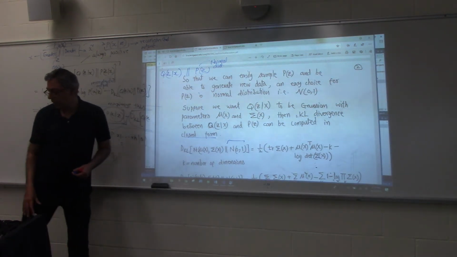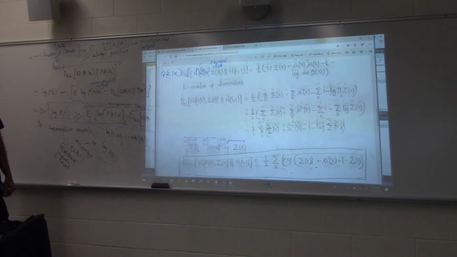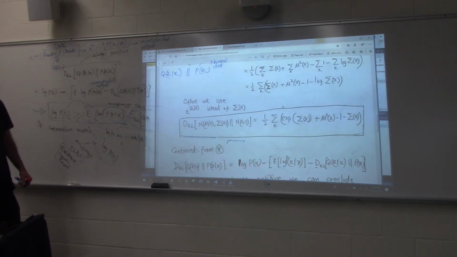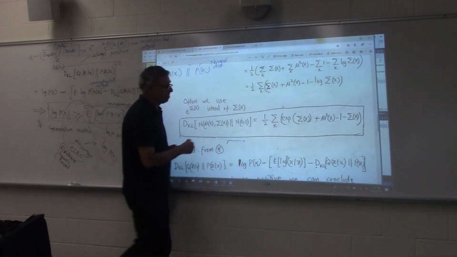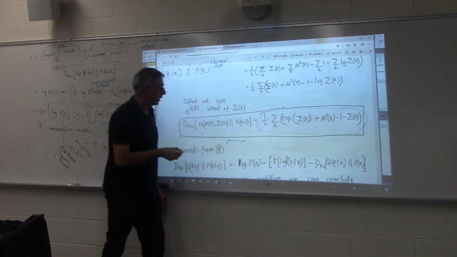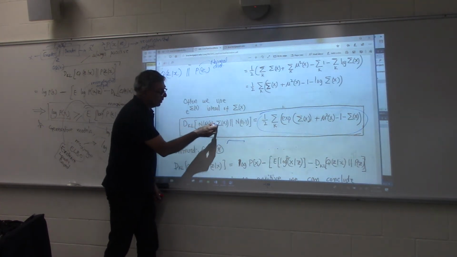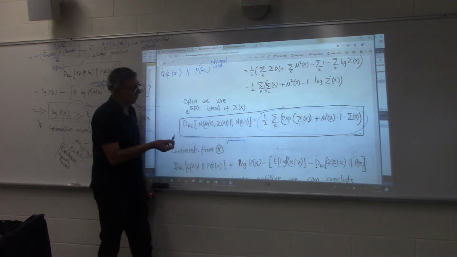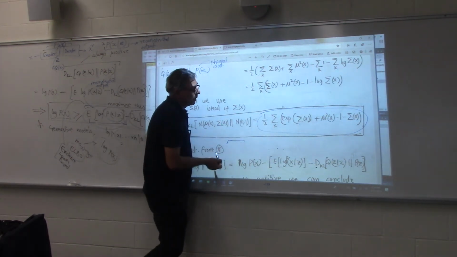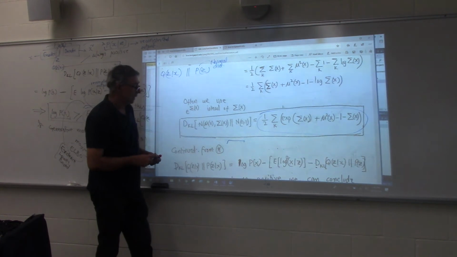Anyway, if we go further, there's a further simplification. So the final answer is this, and this is what we'll program. So the KL divergence between a given distribution with some mu and covariance in higher dimensions and the normal distribution can be written like this.